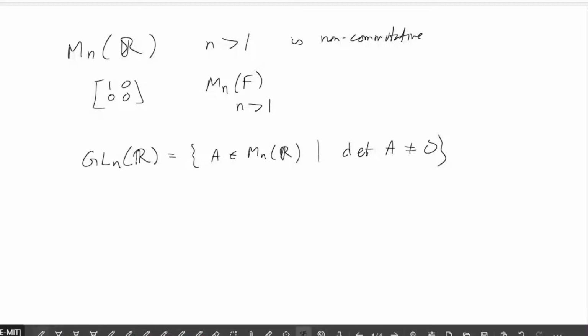It's not a ring at all. It is not closed under addition, right?